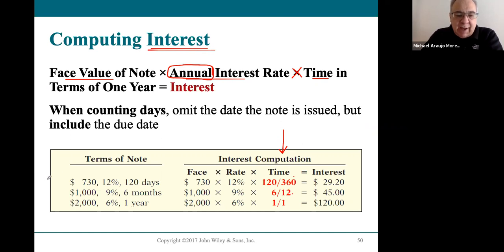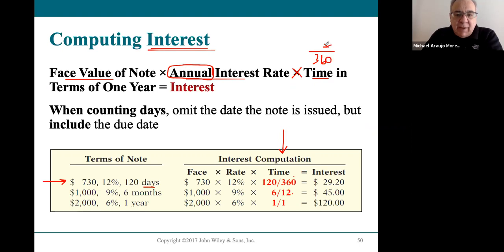Let's take a look at each note. They're in the rows. This is a $730 note at 12% for 120 days. If we use days, the time is the number of days over 360. It's always that.